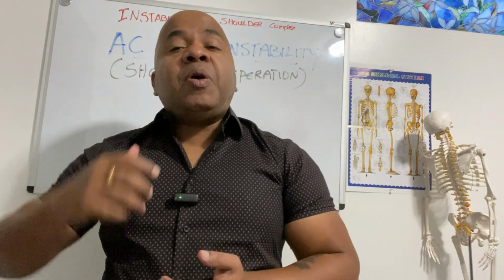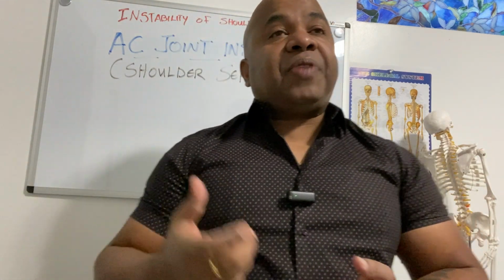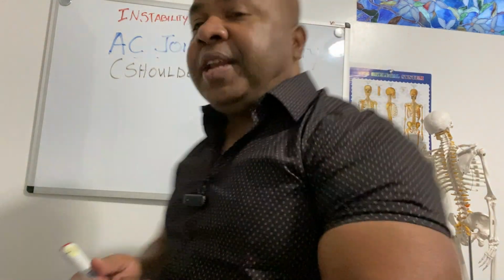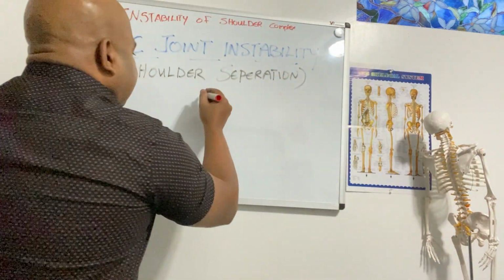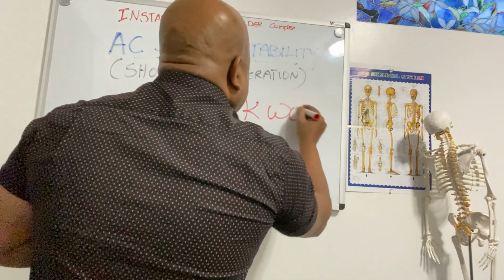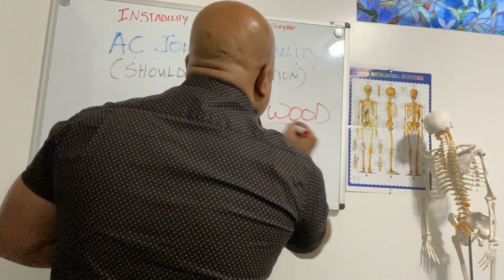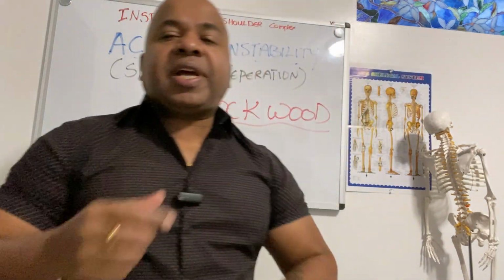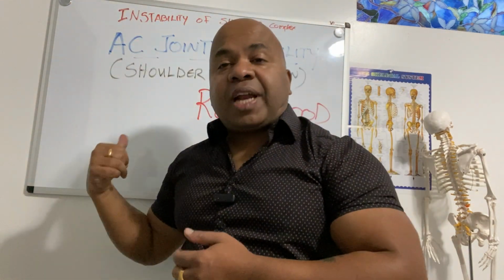And now let us see the radiographic findings. The radiographic findings in acromioclavicular joint separation are very, very important. This is called the Rockwood classification.